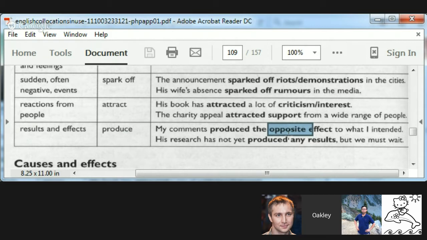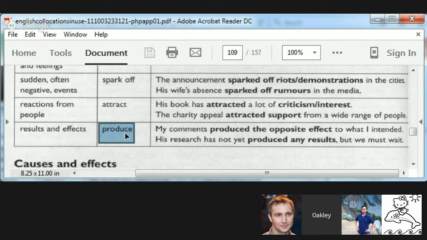Produce a negative effect, produce a positive effect. Definitely produce and results go together, especially in the business world. I need you to produce results this quarter, or you may be working in another company. Ooh, you can threaten people with this word.